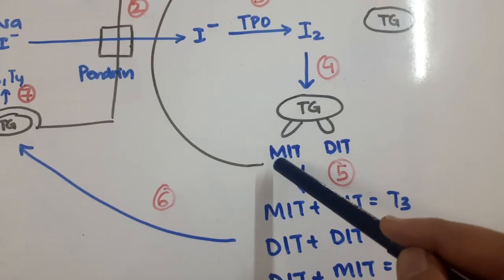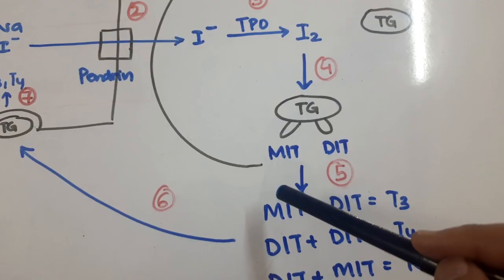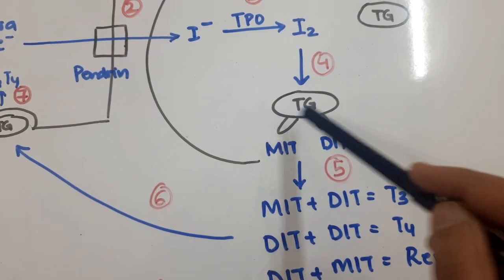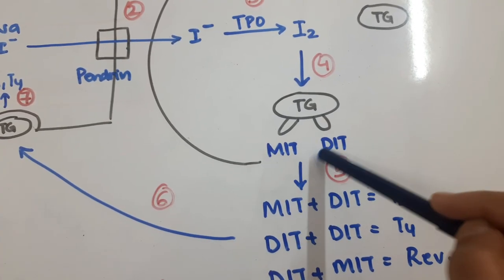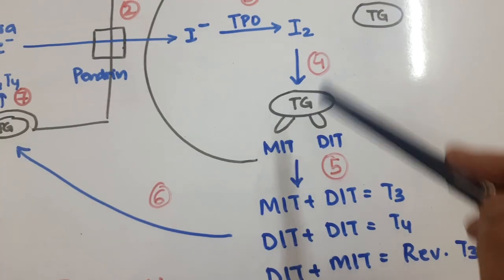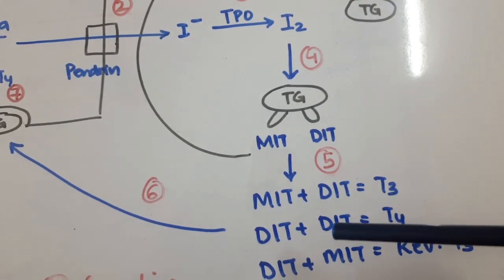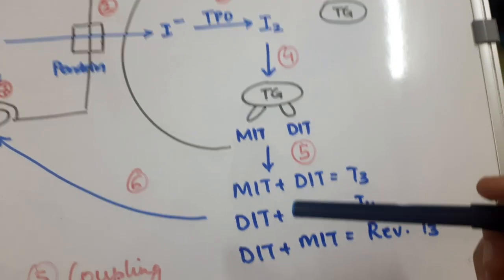The tyrosine will form monoiodotyrosine and diiodotyrosine. All the tyrosine in the thyroglobulin will get converted to monoiodotyrosine and diiodotyrosine depending on how many iodine get attached to the tyrosine. That is the fourth step, iodination of tyrosine.